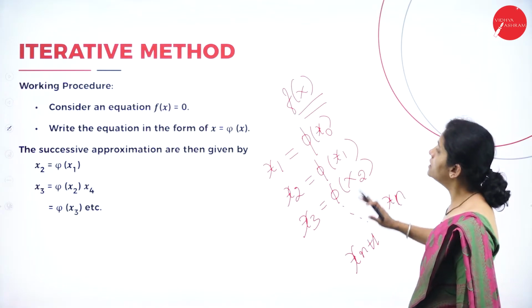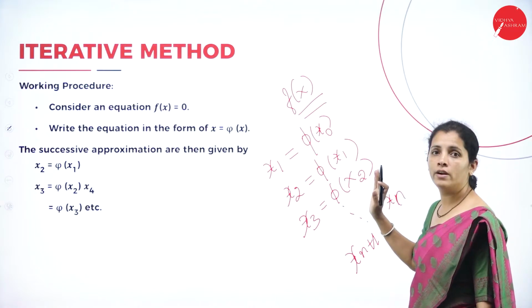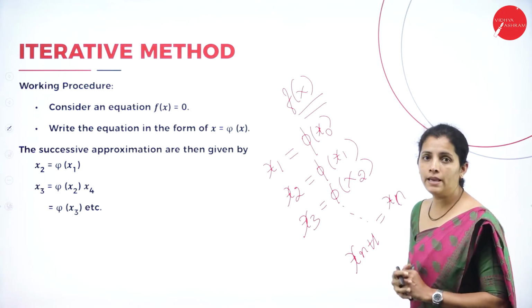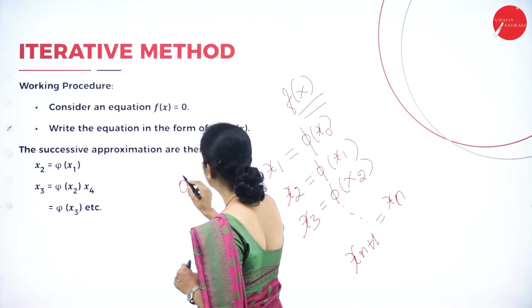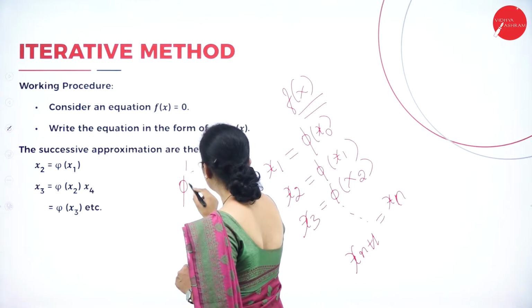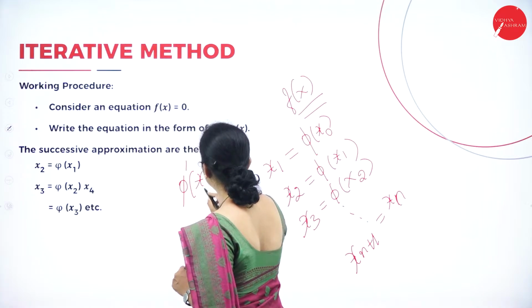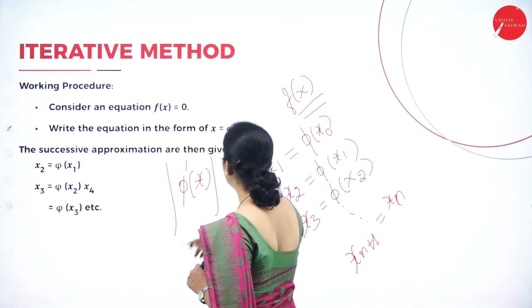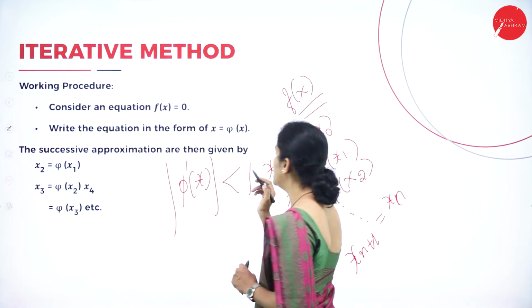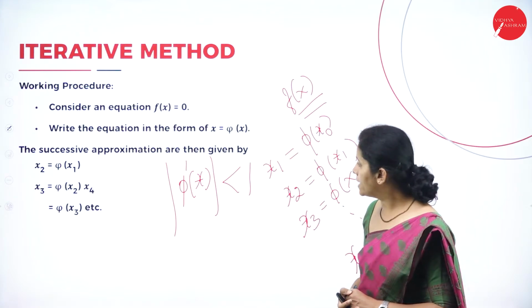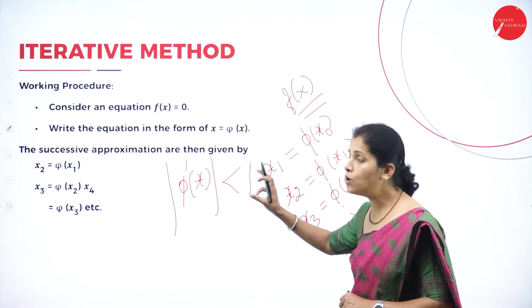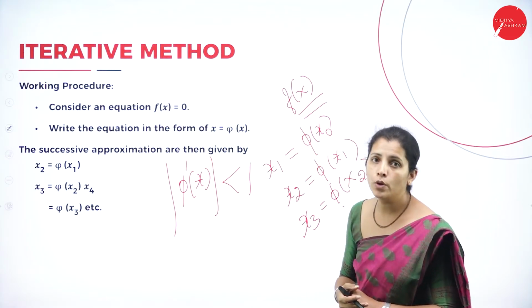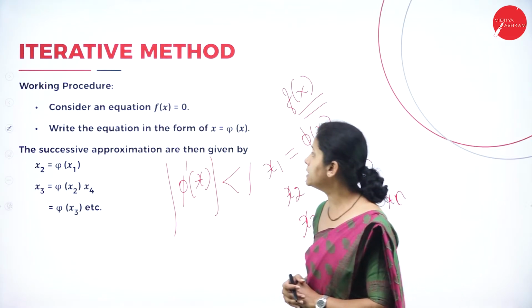Now, this same pi of x can be rewritten as pi dash of x inside the mod, which must be less than 1. These are the conditions I want to follow while using the iterative method.